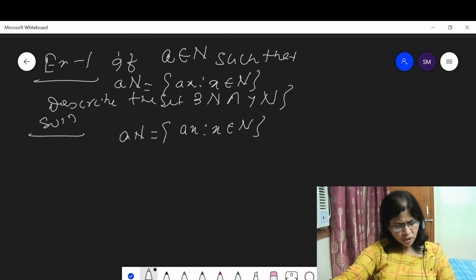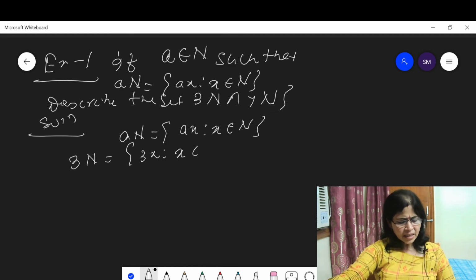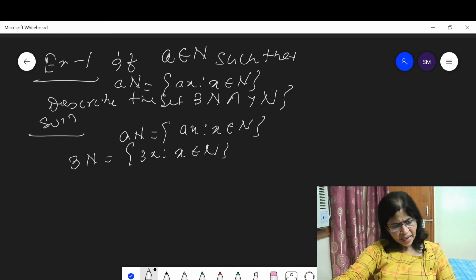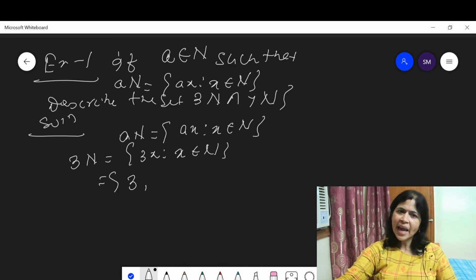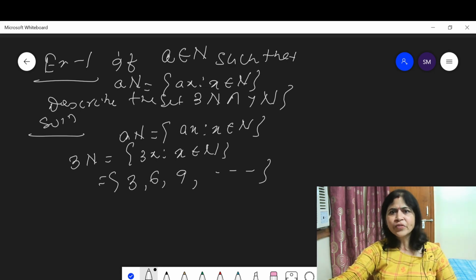Then what do you mean by 3N? 3N is equal to {3x such that x belongs to N}. When x is 1, this is 3. When x is 2, this is 6. This means this is the multiple of 3.